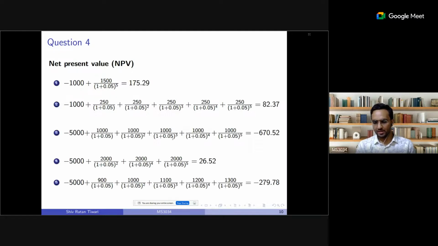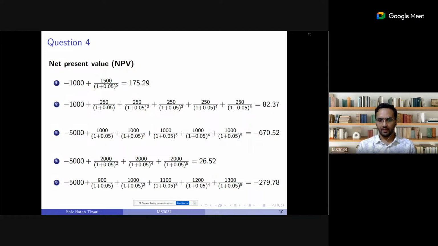We do the calculations and we find that the NPV for the first project is the highest, 175.29, so I would select the first project according to the NPV.